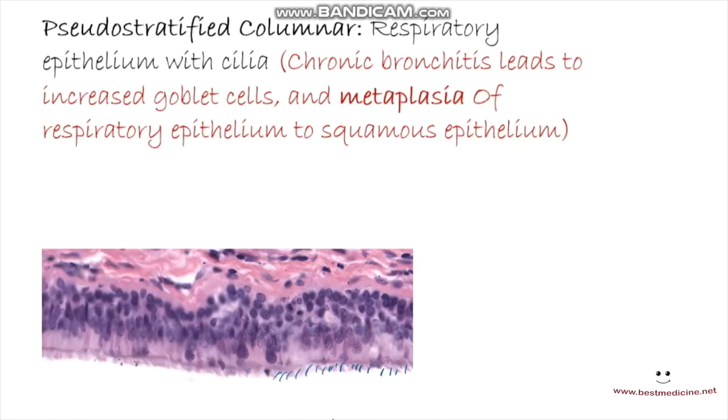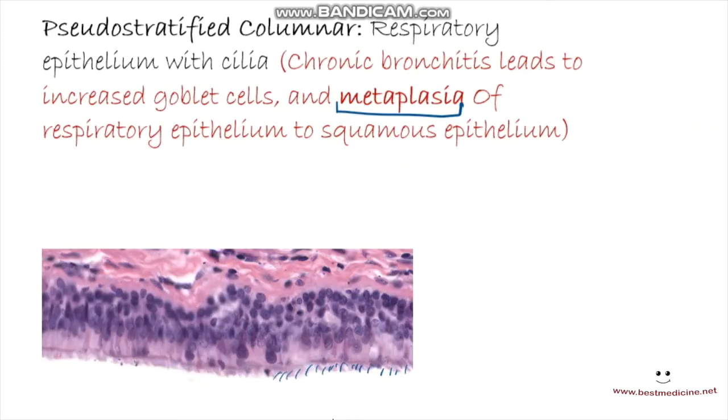Now there's actually a very important clinical correlate to this, which is the metaplasia of this respiratory epithelium. What is metaplasia? Does anyone know? Metaplasia is a term that you learn especially in your first chapter of pathology. In pathology, the first chapter is usually cellular injury, in which they teach you that one cell type can undergo a change to another cell type if a certain kind of stress is placed upon it. So a switch of one cell type to another cell type, especially in epithelia, is metaplasia.